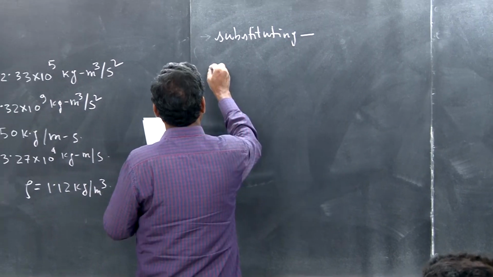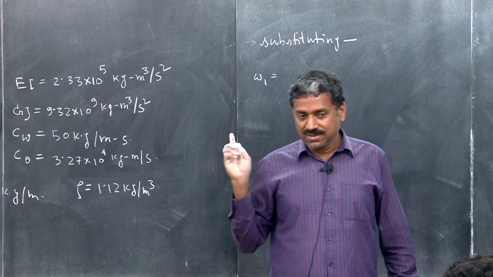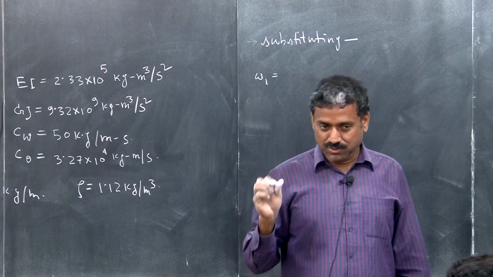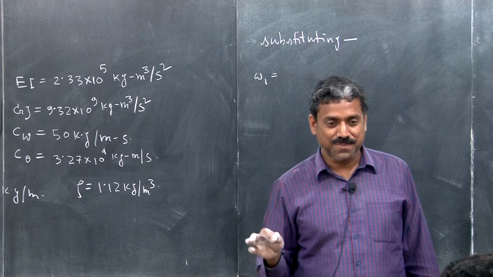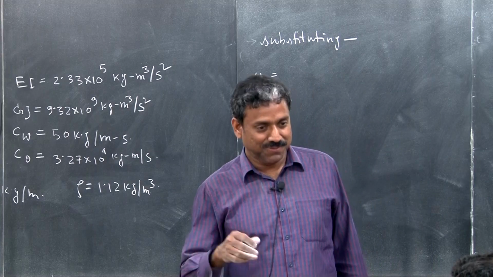Here you can write omega 1. In fact, you can separately solve for the natural frequency: you neglect the damping and solve a generalized eigenvalue problem to get the frequencies separately.